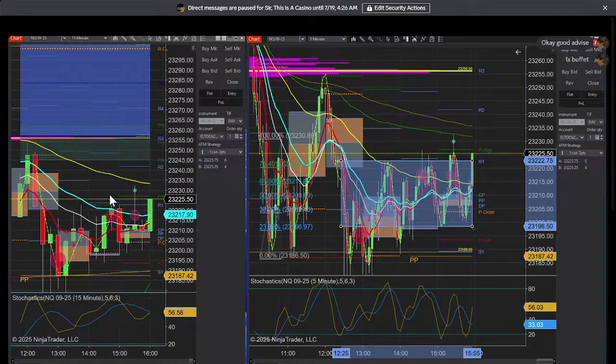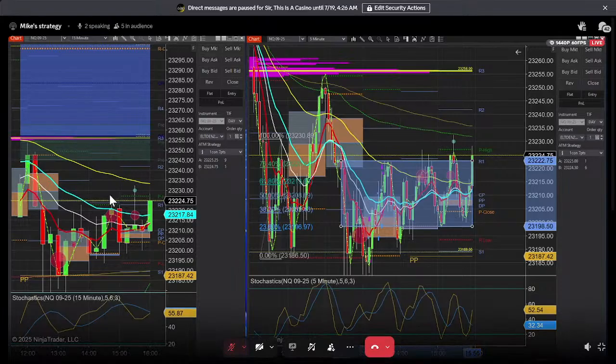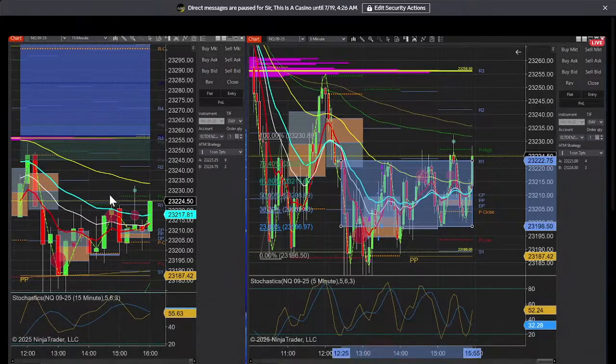I'm not sure what you were saying, but we aren't learning any bad habits with minis. The bad habits you're going to learn are with minis or micros. Now, you're trading a 50K account, I assume. There's no way I would have a 1K buffer. 3,000 minimum.